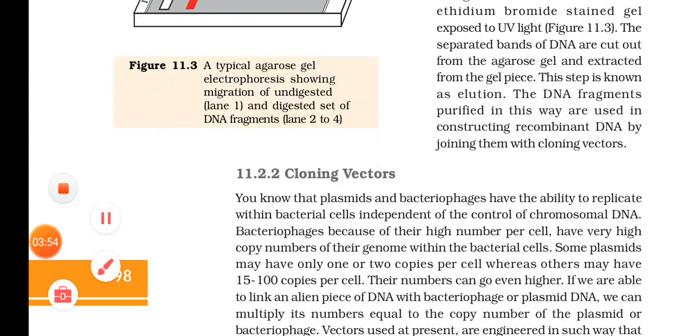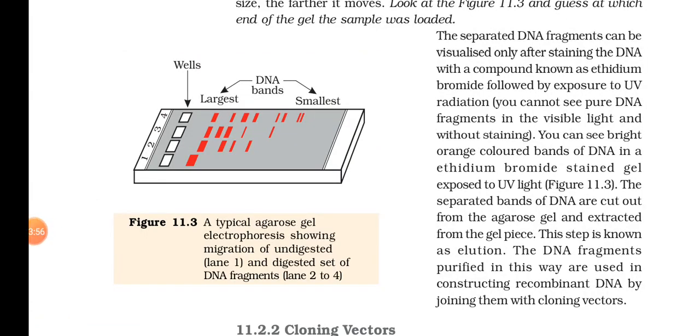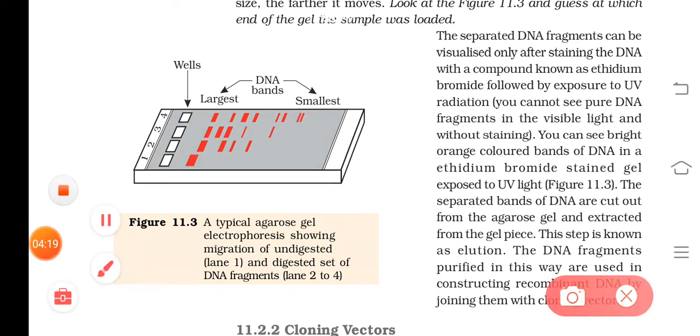Understood? So once the DNA gets separated due to the difference in size, their movement also will be different. The smaller particles will move fast through the agarose gel medium, and the larger particles remain slow. So after separating these DNA fragments, how can we visualize them? For this, we can use a stain known as ethidium bromide. What is it? Ethidium bromide.